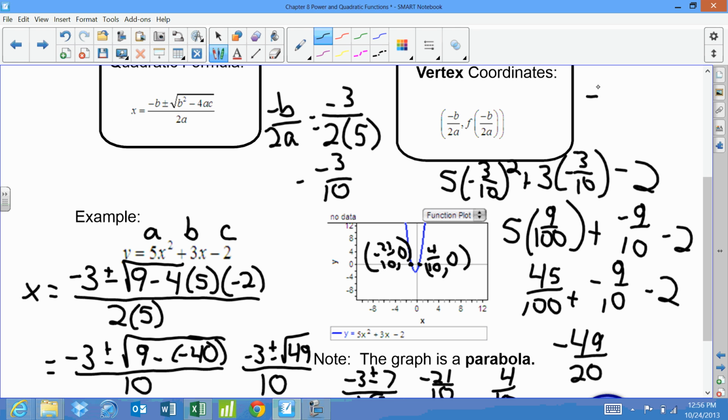So I'm going to rewrite it over here: negative 3/10, comma, negative 49 over 20. Okay, that represents this point right here. So we go back just about 0.3, and we're going to go down just over 2, which would match up to that. So that point is negative 3/10, comma, negative 49 over 20.